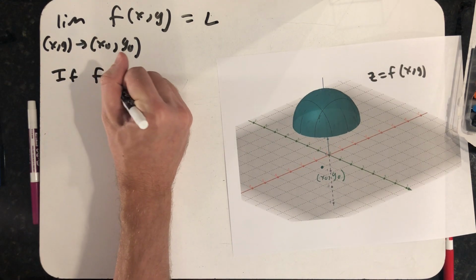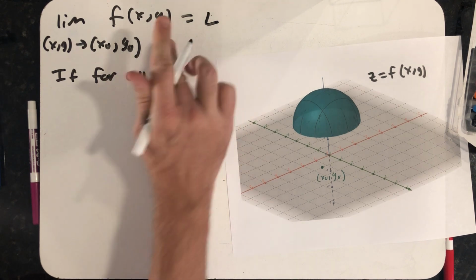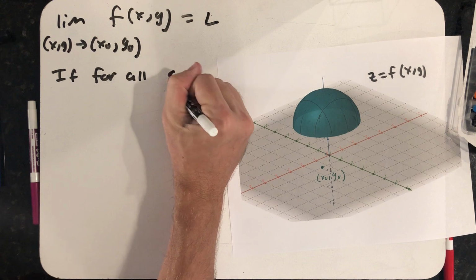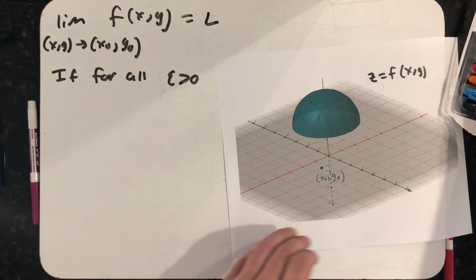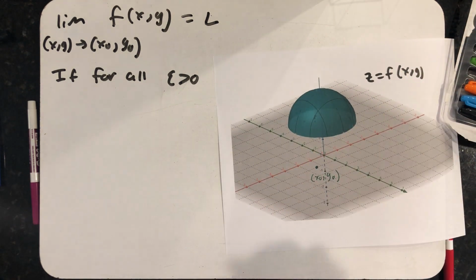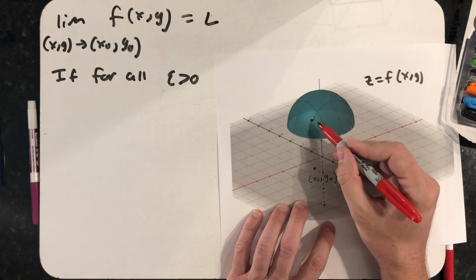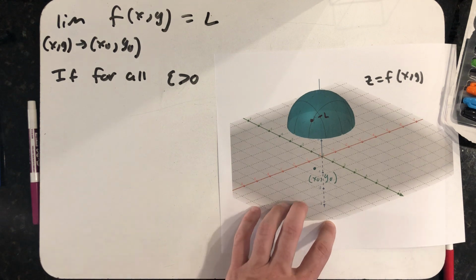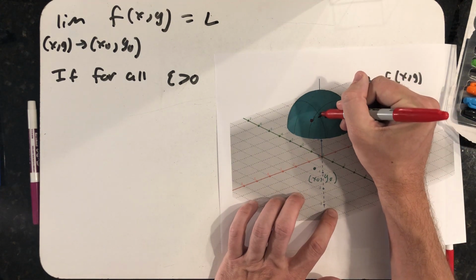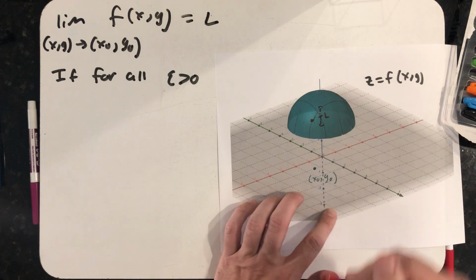So I could start off the same way. If for all epsilon bigger than 0, epsilon is going to be a distance on my z-axis. So in fact, I could think about it being about that value on the z-axis. That's my L, and then epsilon would still just be some positive distance away.